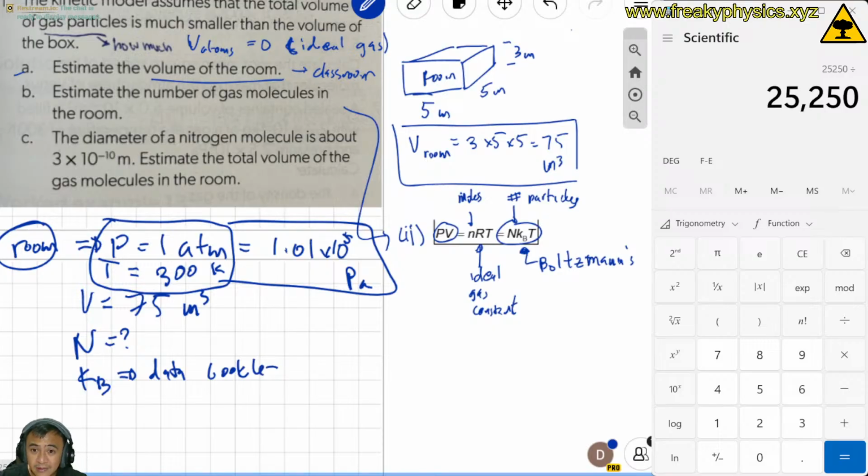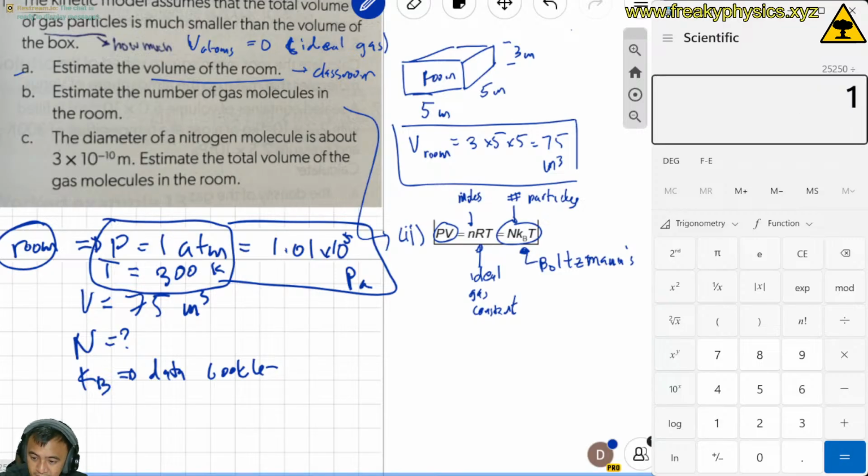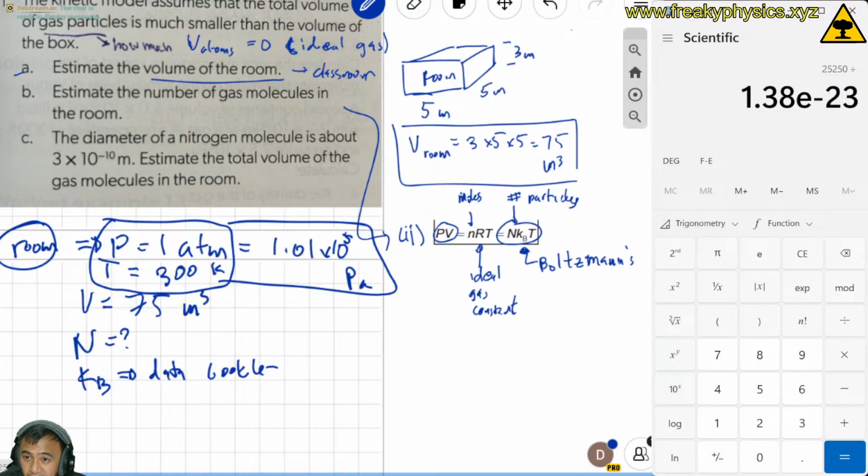So KB is given as that. So we're gonna divide that further by the Boltzmann constant, 1.38 exponent negative 23. Okay, and that gives you the number of particles. What is this?